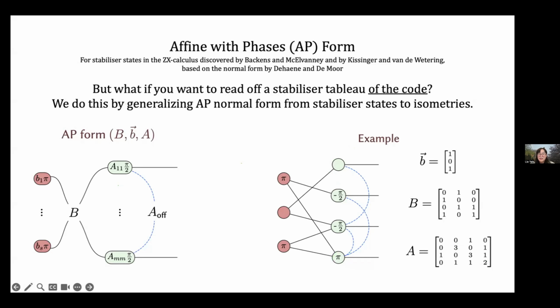So that's the integer multiple of pi over 2. And then for the CZ edges, there's a 1 if there's a CZ between those two. So the CZ part, the off-diagonal part, is symmetric because it's an adjacency matrix. There's a 1 here because there's a CZ edge between the first and third qubits.